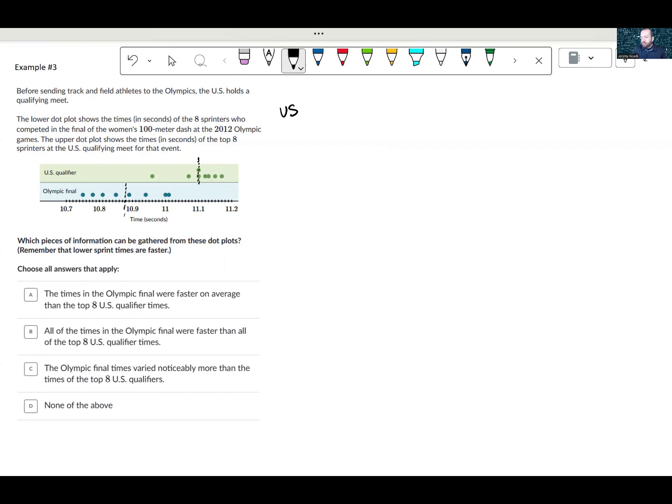So the US mean, and we have to look very carefully at where all of these are located, and just to speed things up for this lesson, I'm going to write them fairly quickly. So 11.06, plus 11.1, plus 11.1, plus 11.12, plus 11.13, plus 11.15.